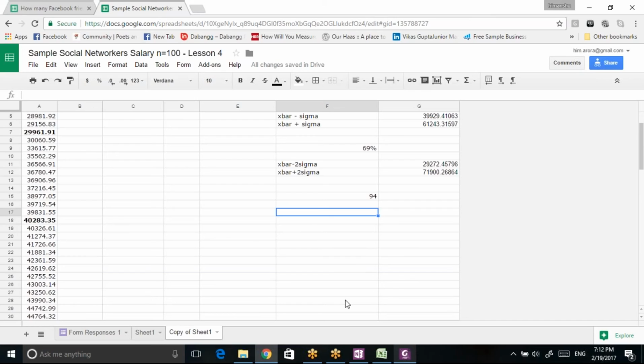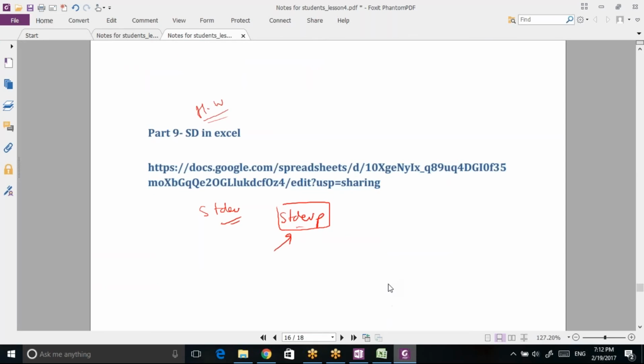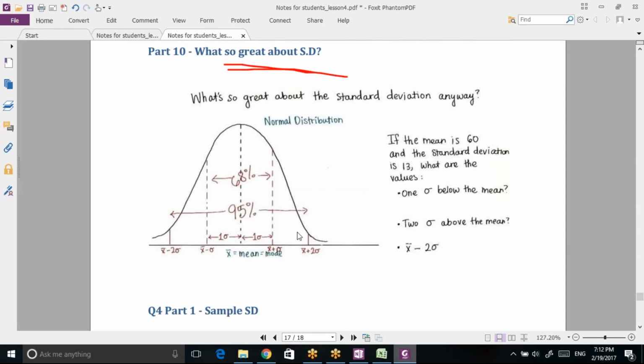So that's what makes sigma important: it gives you a sense of the variability you have in your data.